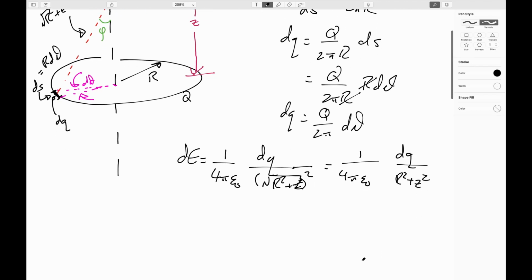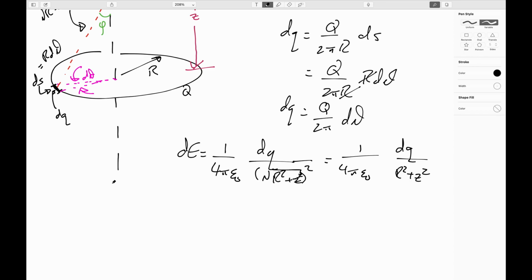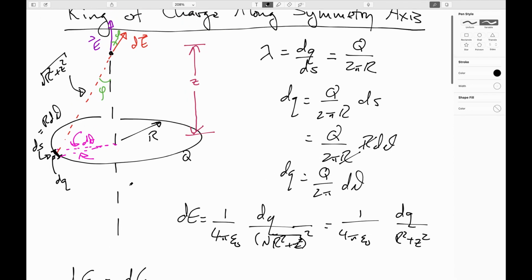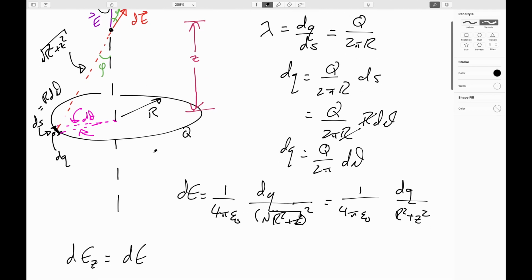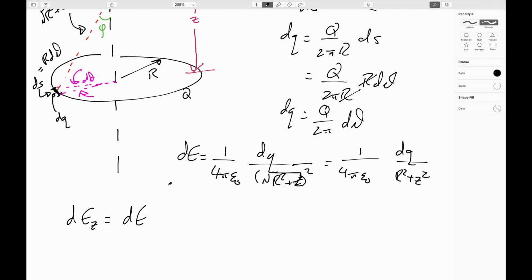Next, we're going to want to take the z component of this. So we can say that dEz is equal to dE times, and looking at our angle phi here, the z component of E is going to be this piece right here. And that is going to be an adjacent, so that'll be cosine phi.